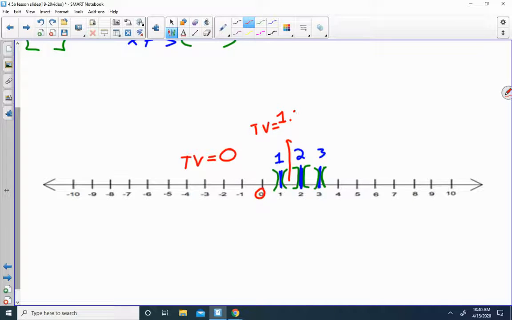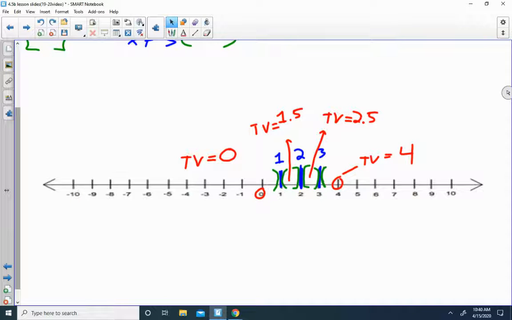And now this third interval is between 2 and 3. Again, that's going to have to be a decimal as well. Right in between 2 and 3, let's go ahead and pick 2.5 as a test value. And then, of course, for the last one, let's pick a test value of 4.